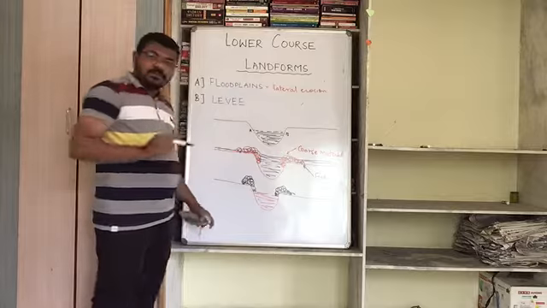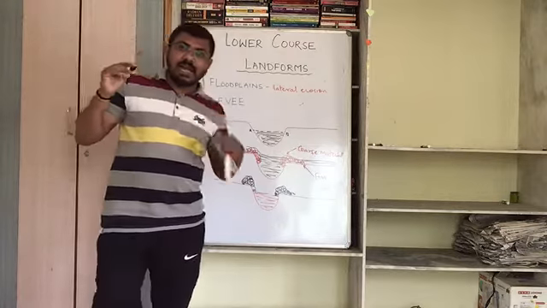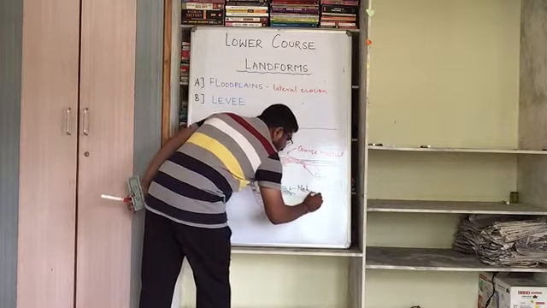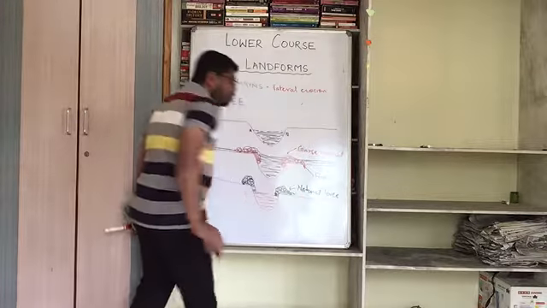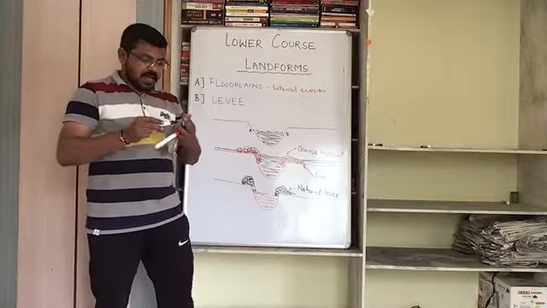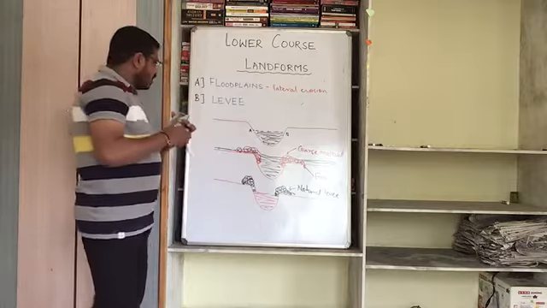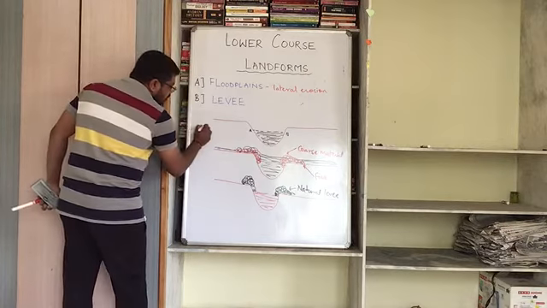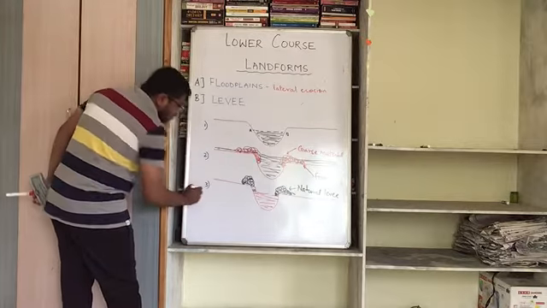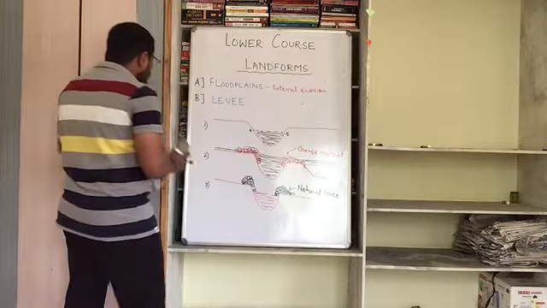This deposition of sediment on the bank will increase the height of the river bank, and this is known as natural levee. So natural levees are formed due to the deposition of sediments on the bank. Here you can see this is the first stage, this is the second stage, and this is the third stage. So there are three stages behind the formation of natural levees.